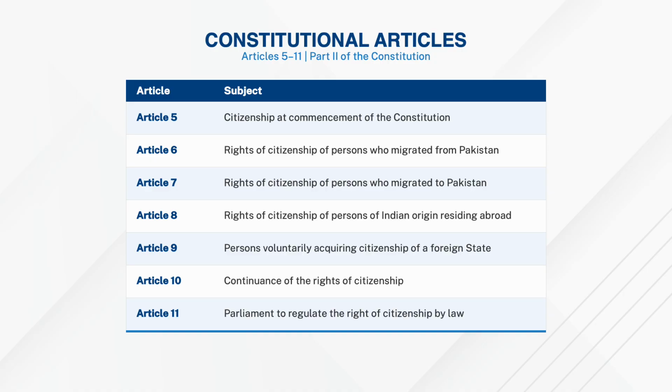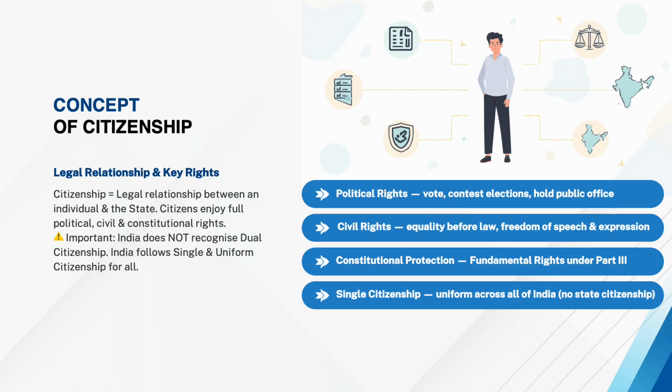So every amendment is an addition to the Citizenship Act 1955. The 1955 Act is the act wherein all the citizenship rules are mentioned, and we will study that. So Articles 5 to 11, we will study one by one. But before we study, let us first understand the concept of citizenship.